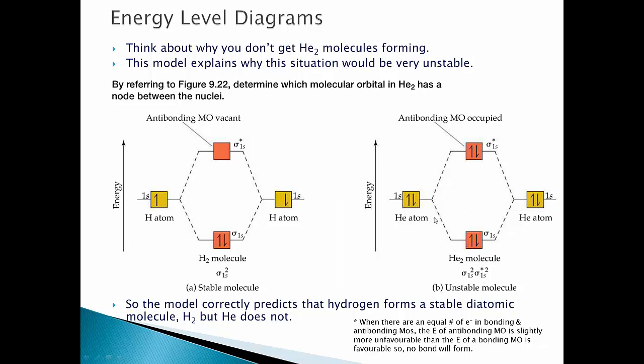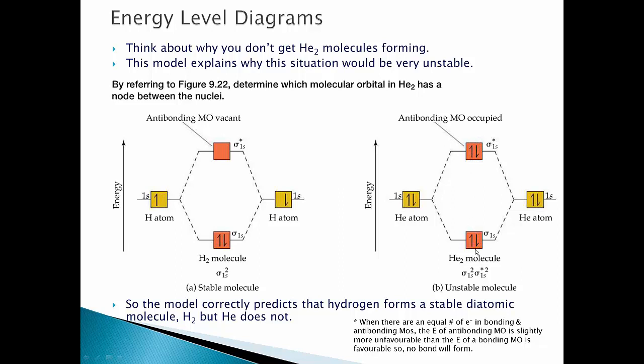We've got a low energy, stable sigma bond, and then this anti-bonding orbital is destabilizing that bond. Generally, if the number of anti-bonding electrons is the same as the bonding electrons, it's an unstable molecule. If you've got fewer anti-bonding than bonding, then it would be stable.